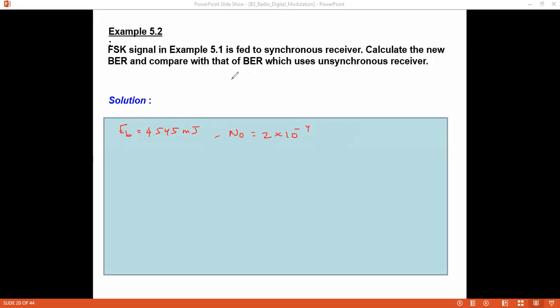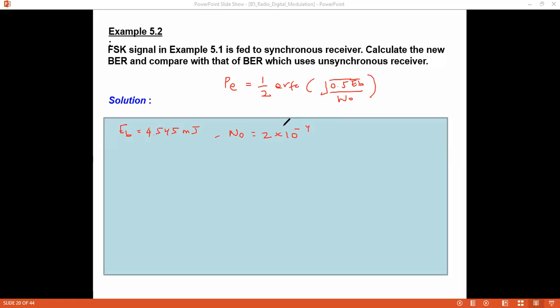The equation for PE for synchronous FSK is half error function square root of 0.5 EB over N naught.